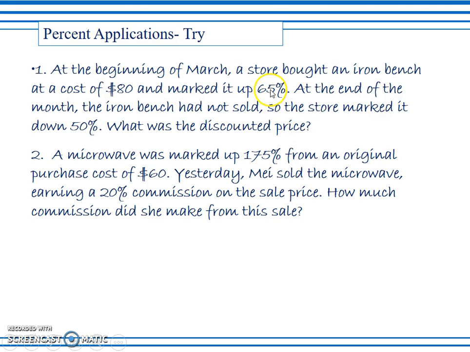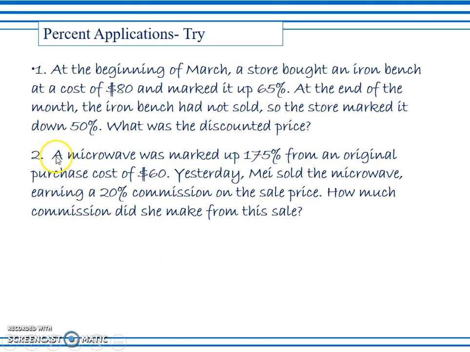So first I'm going to find 65% of $80, and then I'm going to add that amount to my $80 because this is marked up. That tells me what they want to sell the bench for. And then the second step would be finding the discount. If you get 50% off of that price, what are you actually going to pay? So try that problem.